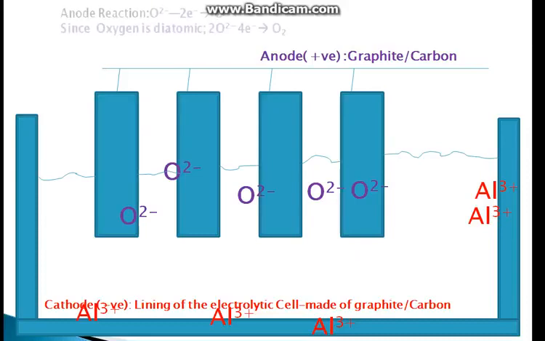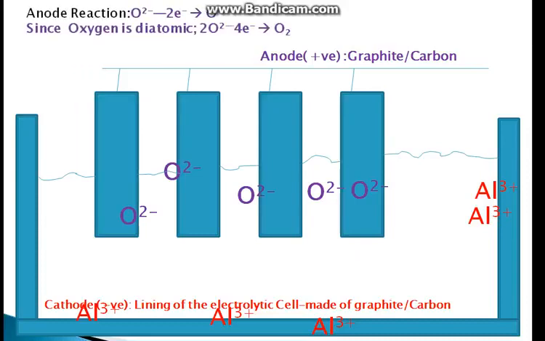Reactions at the anode and the cathode. Anode reaction: O2- minus 2e- gives you O. But all of us know that oxygen is a diatomic gas, and therefore the correct equation would be 2O2- minus 4e- gives you O2.